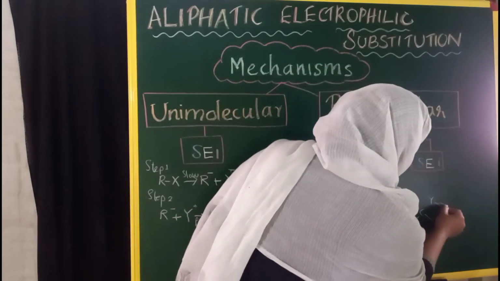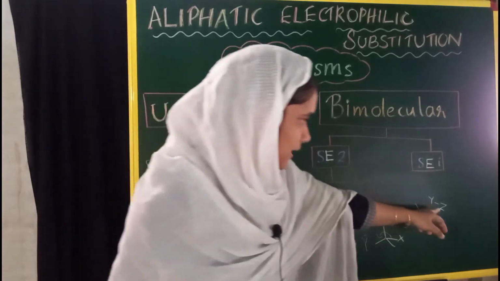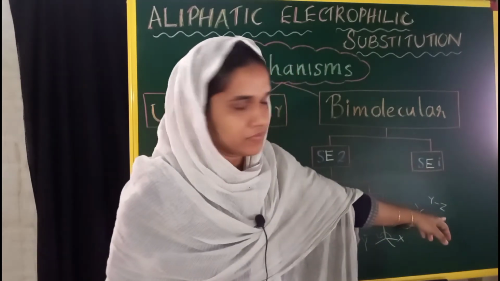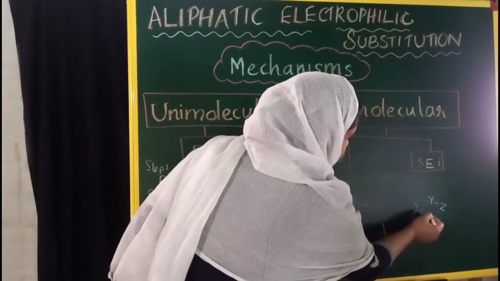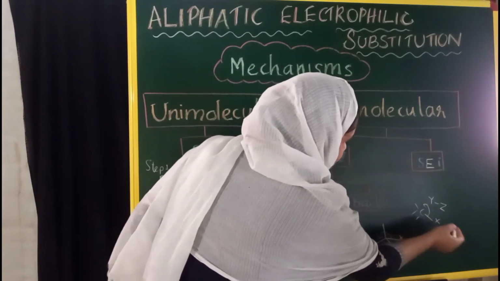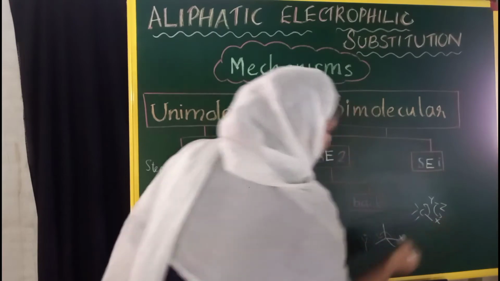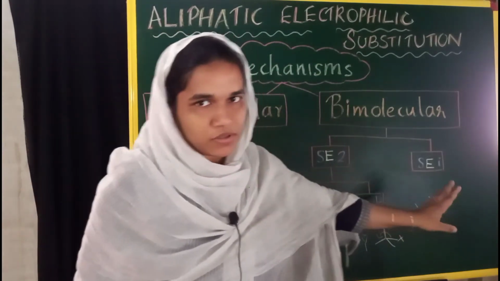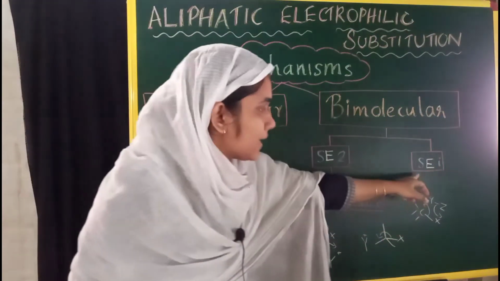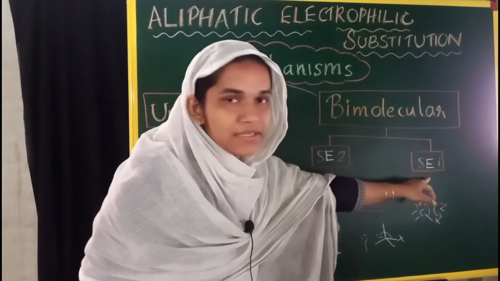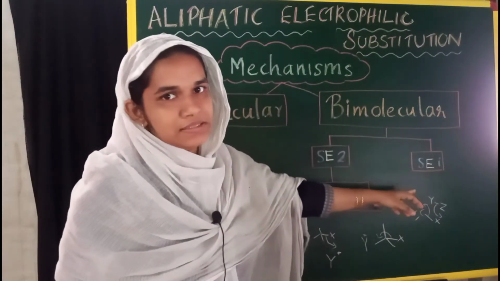Then the group already existing on Y, that is Z, will assist the removal of this leaving group X. That is, when X is removed as X plus, a new X-Z bond is formed. Such a mechanism is the SEi mechanism, SE internal, i for internal.